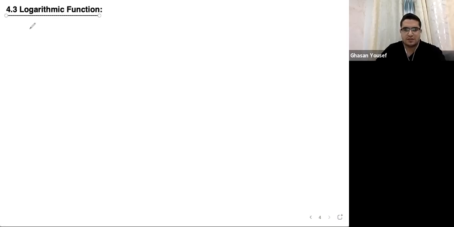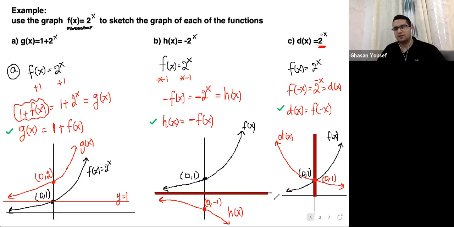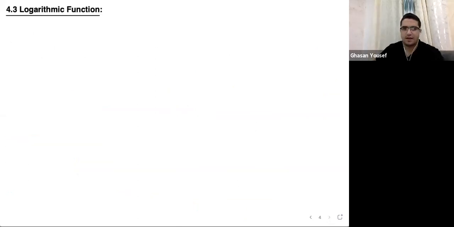First of all, does anyone know what the exponential function is? What is the formula for the exponential function? Jennifer, do you know what the logarithmic function looks like? Do you have any idea about the logarithmic function with base a? Okay, I will give you the definition.